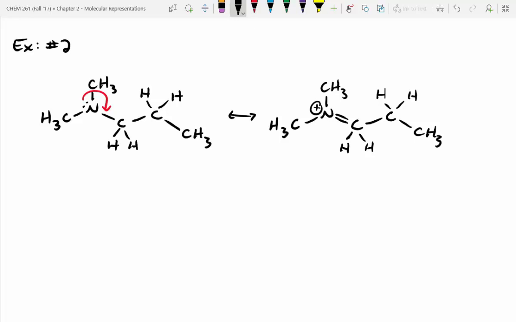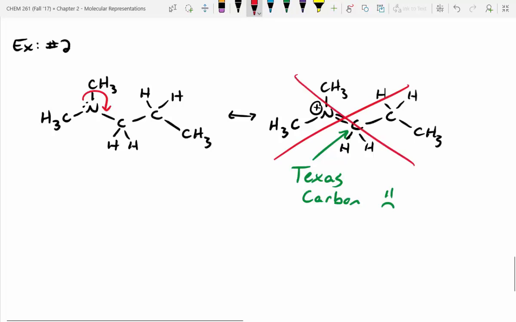That carbon looks really wrong, right? Do you remember what I call these carbons? Texas carbon. And I'll give you a frowny face. So please don't draw these. They're not valid at all. That carbon can't have electrons go into it because it already has a full octet.